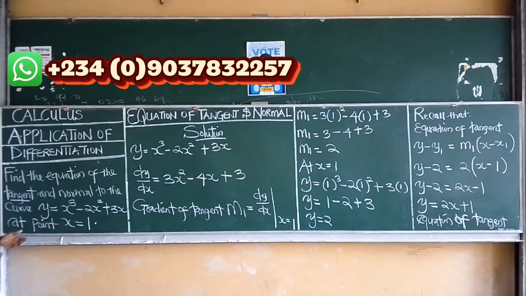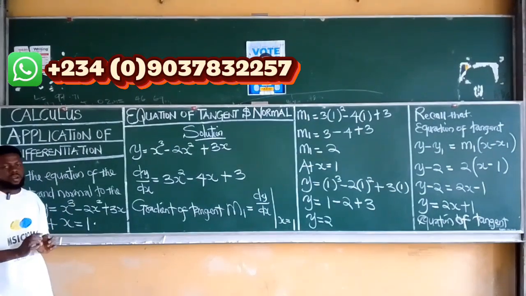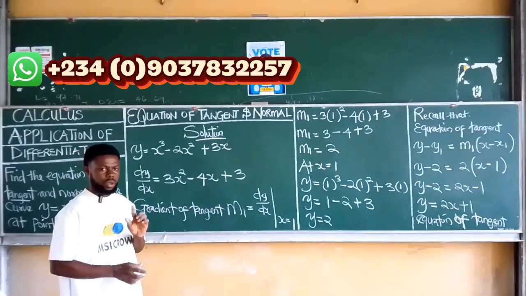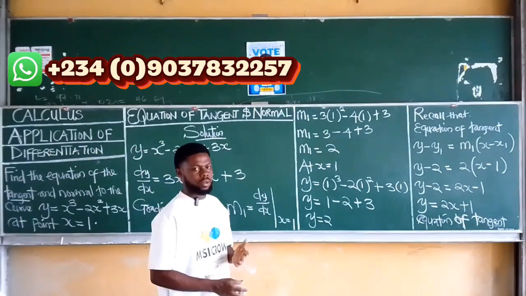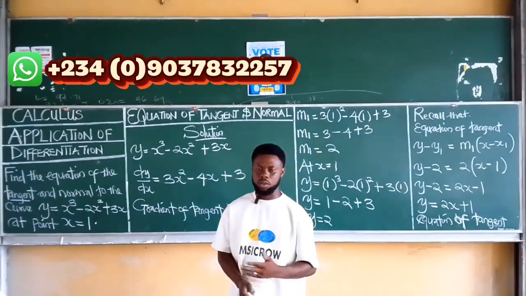Up next is the equation of the normal. Now, before we can get the equation of the normal, the first thing we have to obtain is the gradient of the normal.